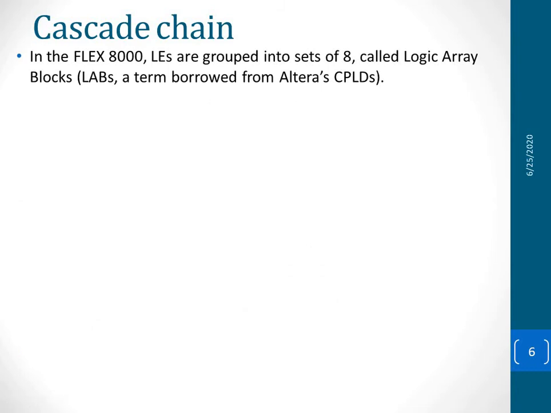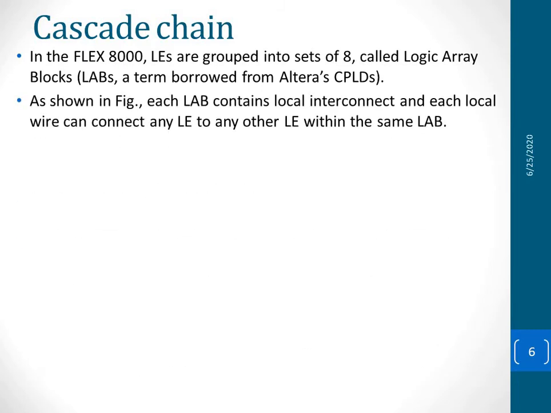In the Flex 8000, logic elements are grouped into sets of 8 called logic array blocks, a term borrowed from Altera CPLD. As shown in the figure in the previous slide, each logic array block contains local interconnect, and each local wire can connect any logic element to any other logic element within the same logic array block.